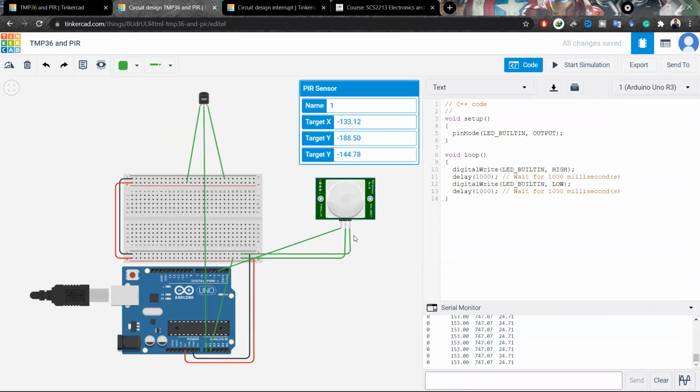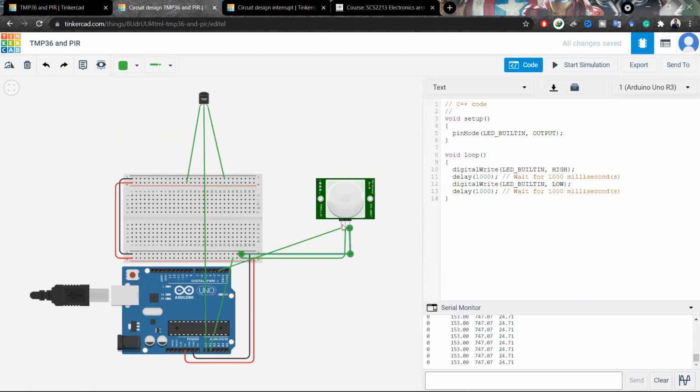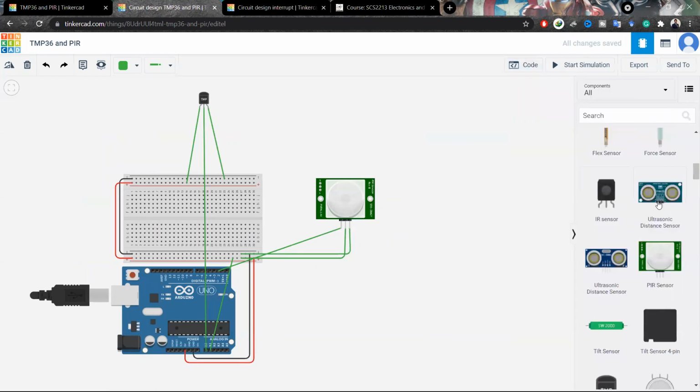Here, if you remove this, in the PIR sensor, as I said before, it has 3 pins, right? So the first one is specified as ground, so you should plug it into the ground pin. We have ground pins here.